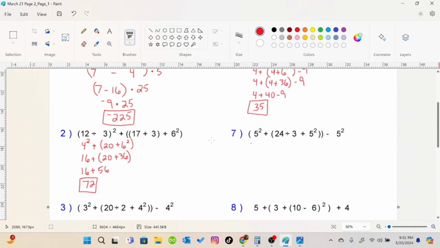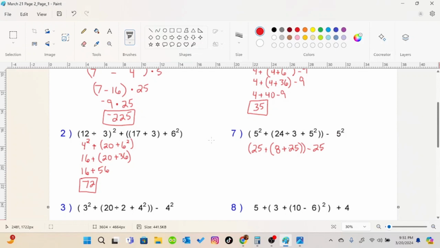So as we do number 7, I can do 5 squared becomes 25. I have 24 divided by 3, which is 8. And I have 5 squared, which is 25.